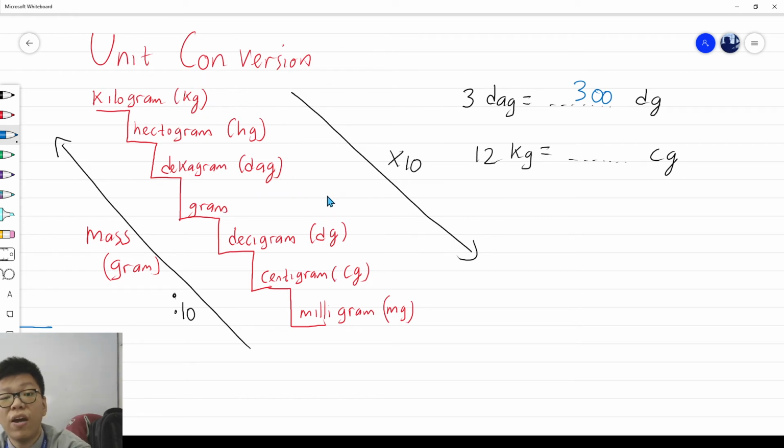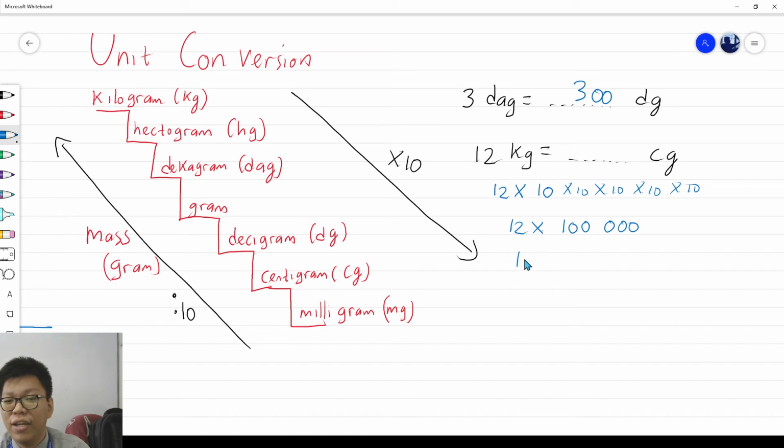So it will be 5 steps. So you need to write 12 times 10 by 10 by 10 by 10 by 10, 5 times, or you can write 12 followed by five 0s: 1, 2, 3, 4, 5, like this.